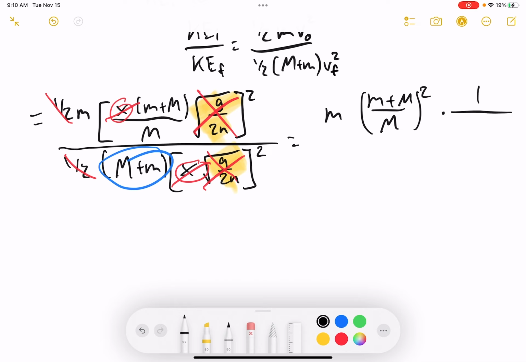So it'll just be m plus M. And you'll notice that one of these will cancel out with one of those. So if I square this, I'll get rid of that square, and one of those will cancel out with one of these.